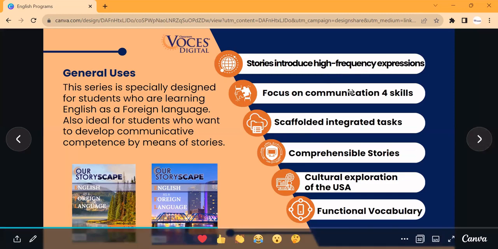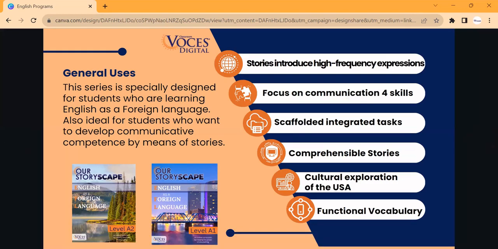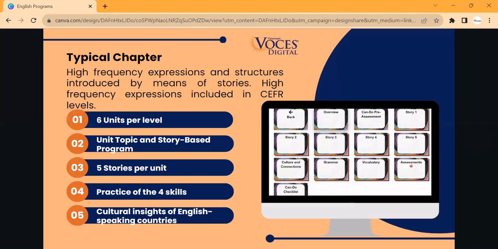We focus on communication of the four skills in a very integrated way. We also provide scaffolded integrated tasks, comprehensible stories, cultural exploration of the USA and other English-speaking countries, and functional vocabulary. So this is also English teaching, but from a different perspective.